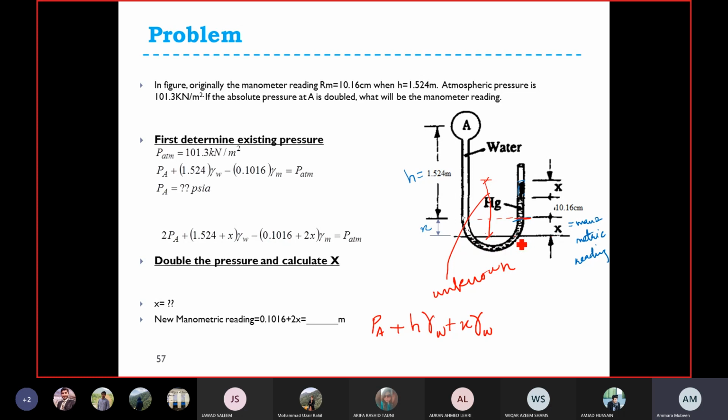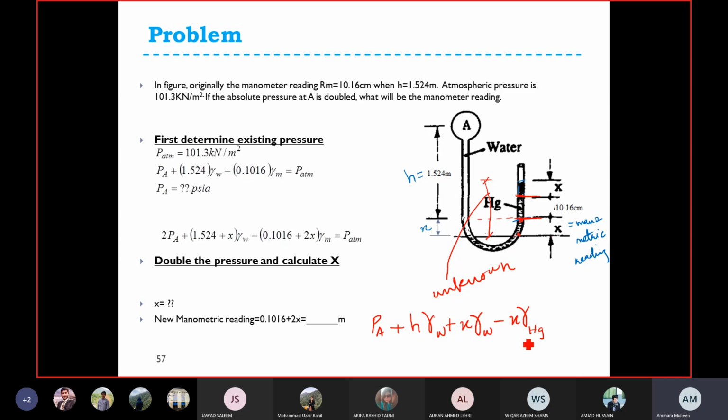Then this U part would be cancelled, and now we are moving upward. From here to here, it is x distance, so minus x into gamma of manometric fluid, which here is mercury. And then again this distance, from here to here, which is 10.16 centimeter.